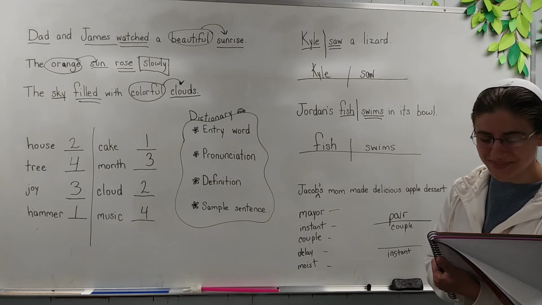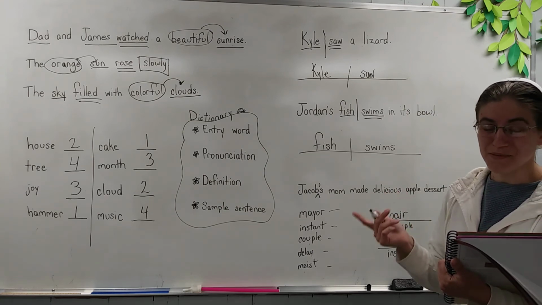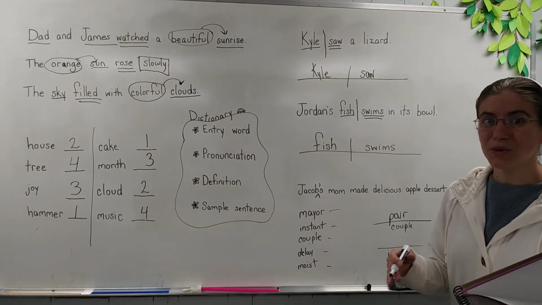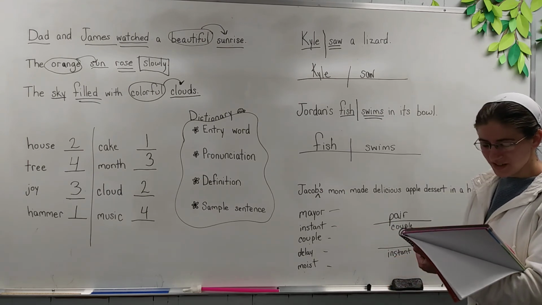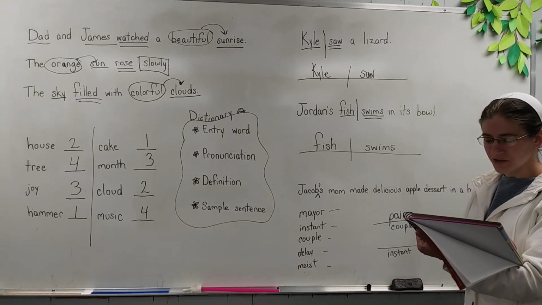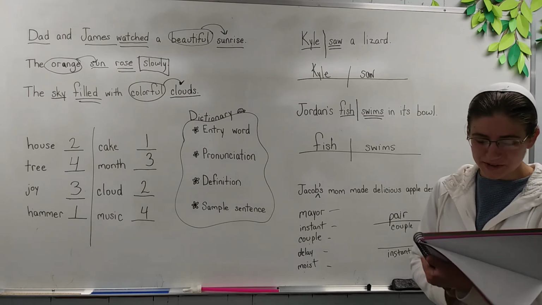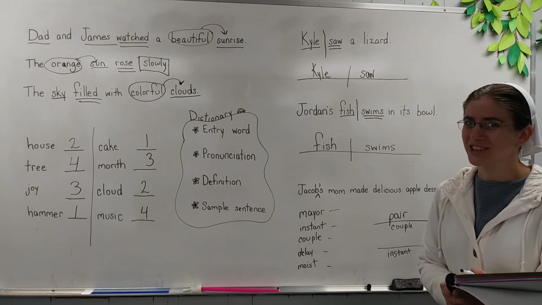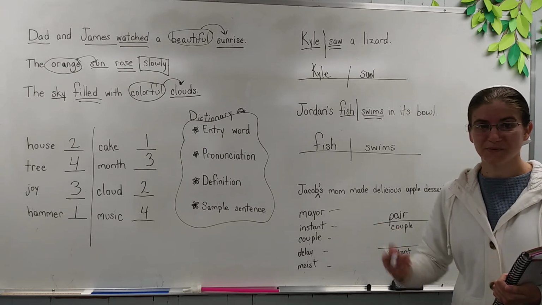Not synonym. Now I'm getting confused. Synonyms. So we have moment, flash, jiffy. Those are other words you could use in place of instant. So Olivia was so hungry that her lunch was gone in a jiffy. Or you could say Olivia was so hungry that her lunch was gone in a flash. Okay, those are other words you could put in place of instant.